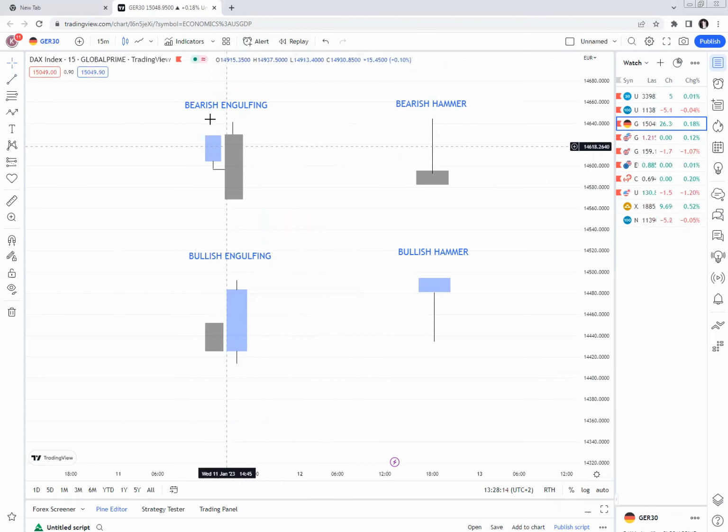So that's the first candlestick, the bearish engulfing candlestick, and the second one is the bullish engulfing candlestick. This one and that one are the same, just inverse. The first one must be small again, and the next candlestick must engulf the first candlestick. And by the way, colors don't matter, guys.